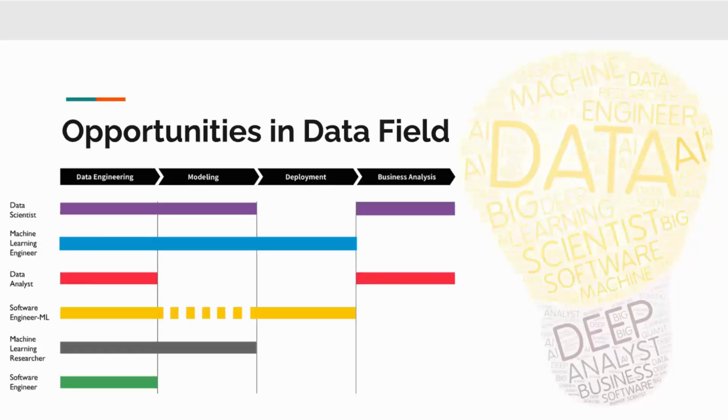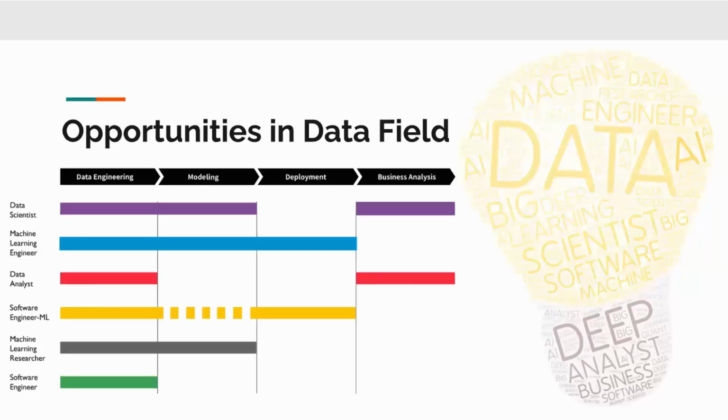All they do is look at the visualization or the trend, either in the sheet or in the visualization, and then they either take a decision or advise the person who is making the decision.